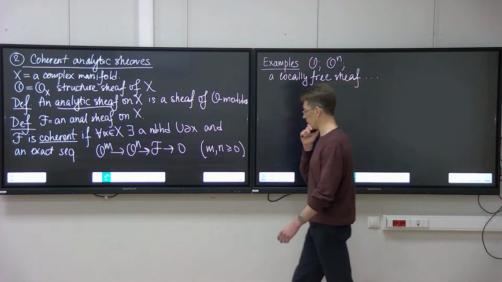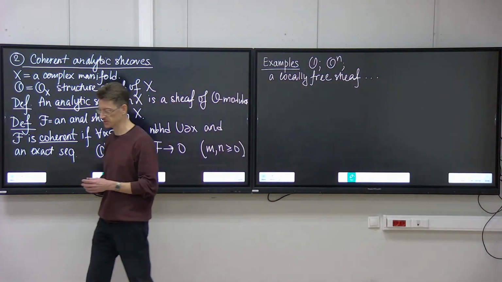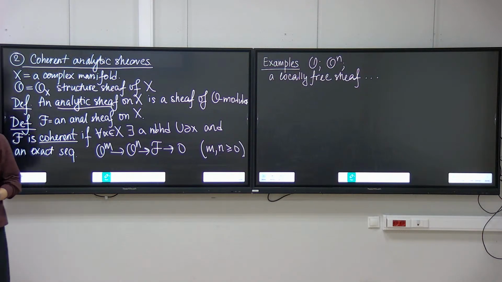Actually, when I say that the structure sheaf is coherent, I'm cheating a little bit here, because in fact, the original definition of a coherent sheaf is slightly more general, and it makes sense for a sheaf of modules on any ringed space. So this definition is slightly more involved.